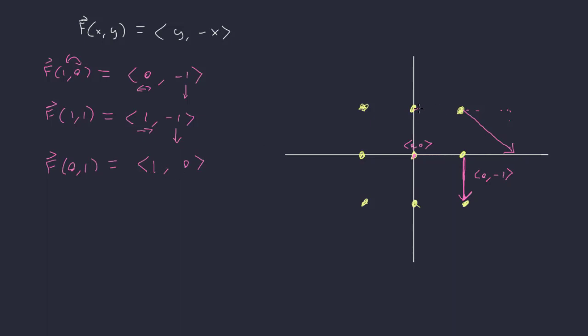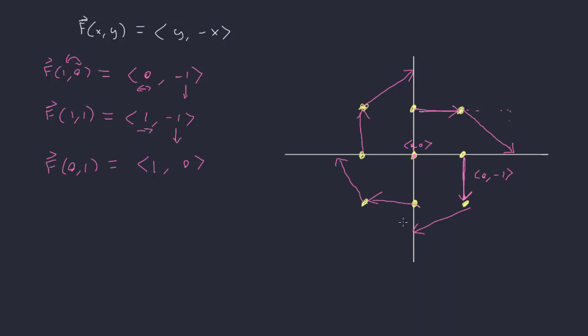So we get 1, 0, so we get this vector here. Okay, and if we continue this on, we'll get a vector field that looks something like this. So it looks like these vectors are revolving around the origin, in this case clockwise, so in the negative direction.